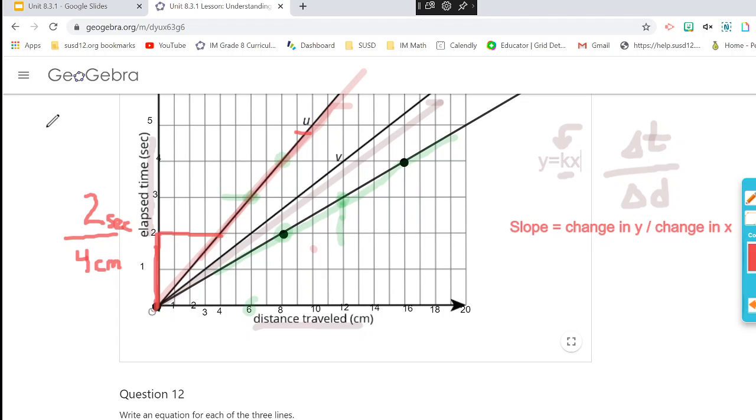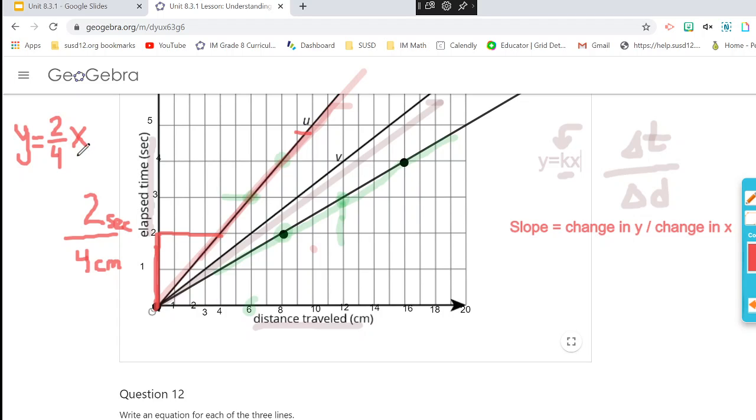We can use that to write an equation for Ladybug's line. Her line is that her y, the y value, equals 2/4, that's the constant of proportionality that we just calculated from the slope, 2/4 times the x value. Okay, now don't just take my word for it. Does this make sense?